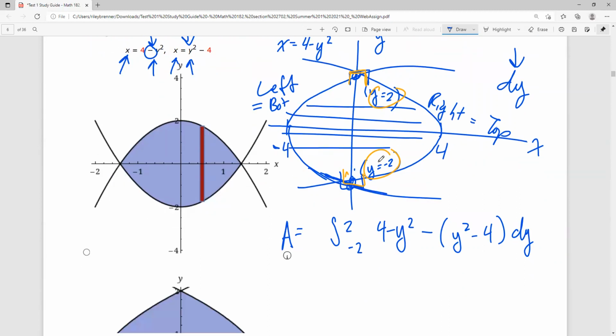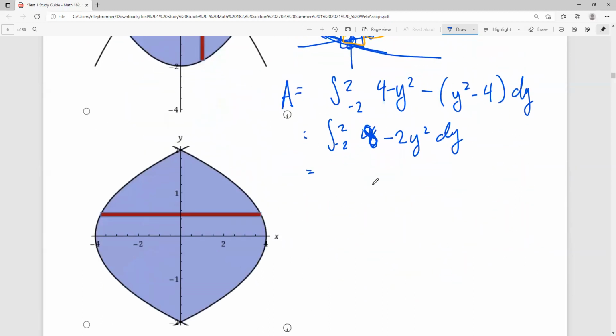And if we go ahead and quickly speed through this, let's see, the integral from -2 to 2, so it'll sum up to 8 minus 2y squared, I believe, dy, and then we go ahead and integrate that. So what do we got here?